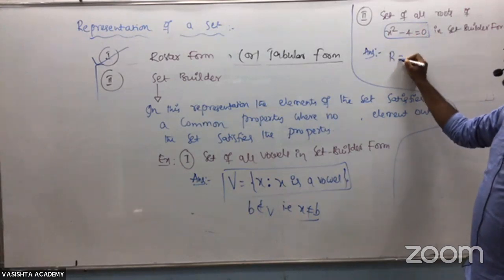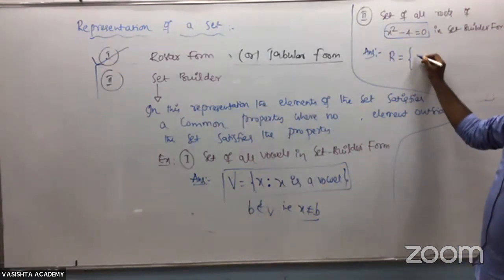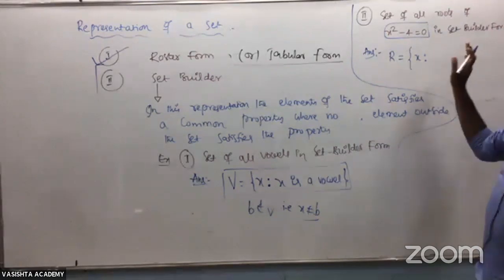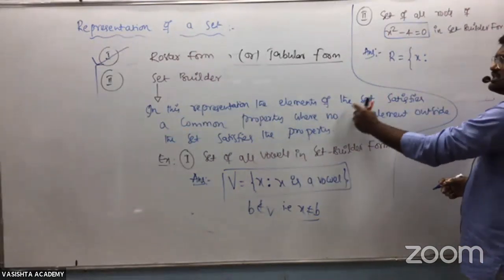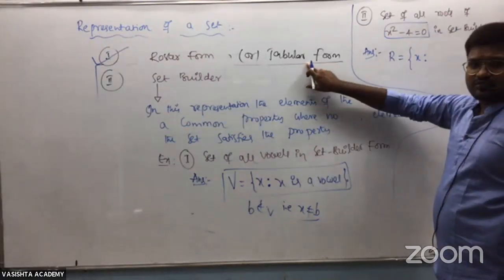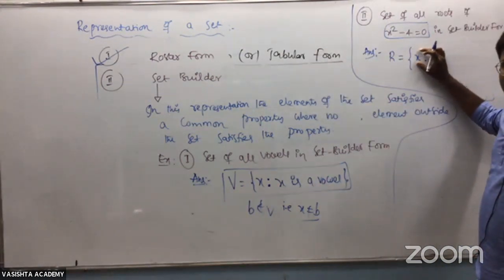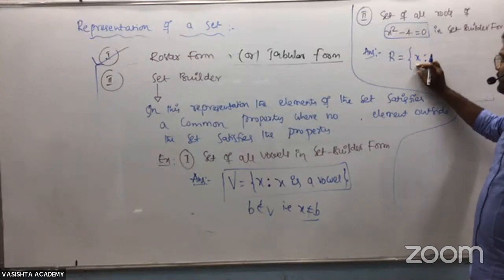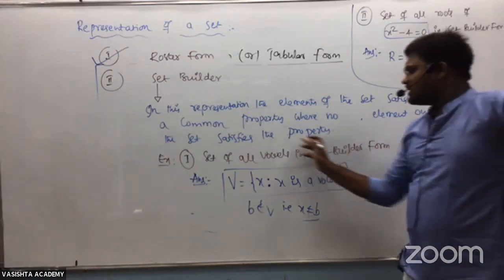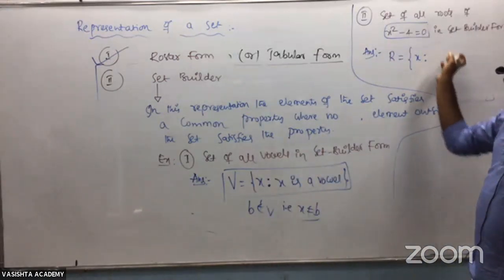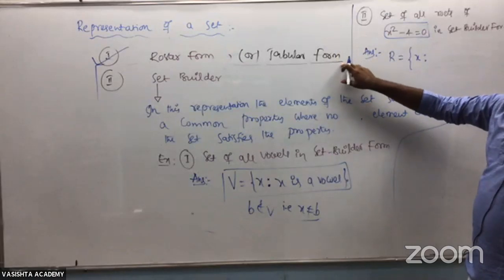So if I want to take it as R, it will be nothing but x such that... The meaning of this is, instead of listing all the elements as in roster form or tabular form, I will take one variable or one element which represents all the elements in the set. In the previous case I took minus 2 comma 2.